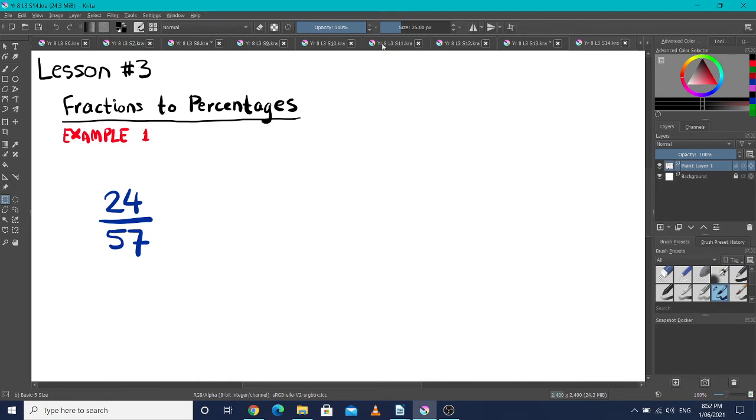Now we look at fractions to percentages. We are going to look at the same fractions as we did in converting decimals, but this time we are going to convert the fractions directly to percentages. This fraction, 24 over 57, is a proper fraction, so there is no conversion needed to another fraction.